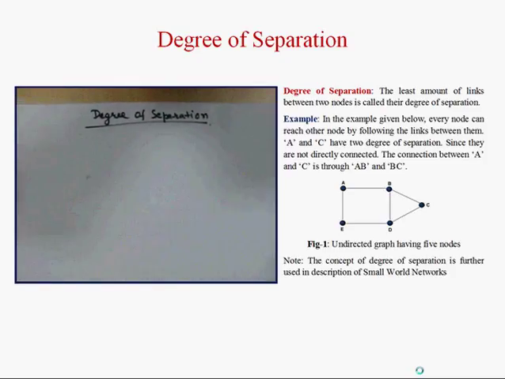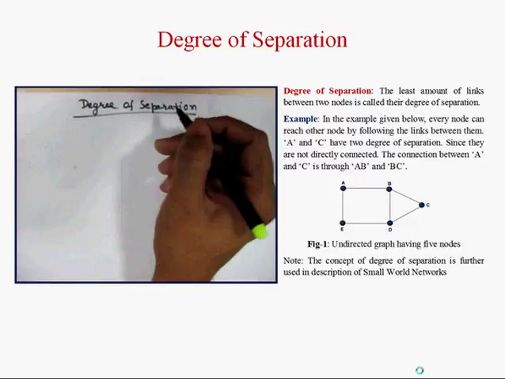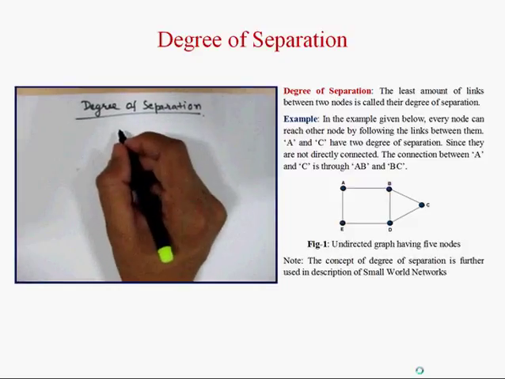Degree of separation. The least amount of links between two nodes is called their degree of separation.